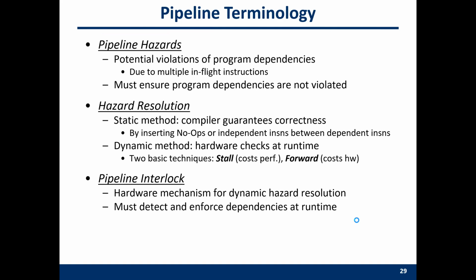First one is hardware. The second one is the software method. You have a compiler. So your compiler can handle all the dependencies and generate a static sequence of instructions. And then you just follow the sequence to run the instructions.